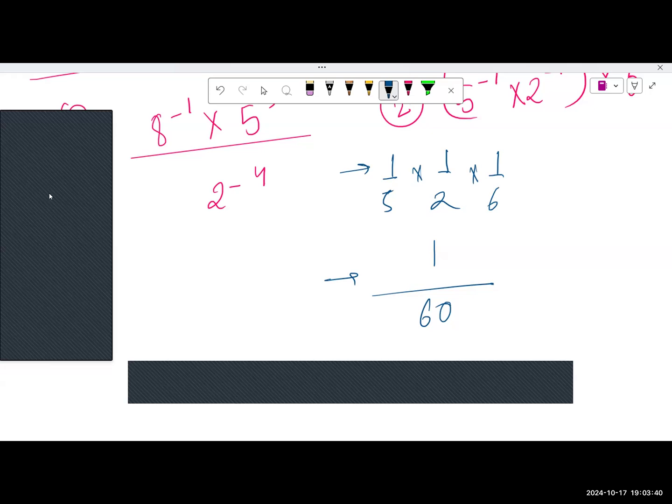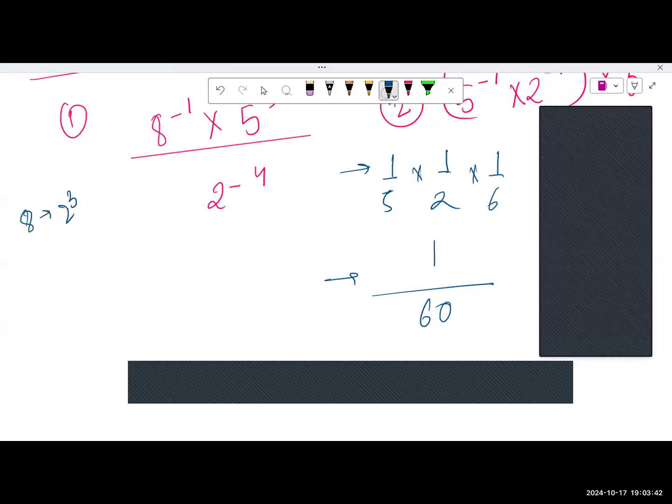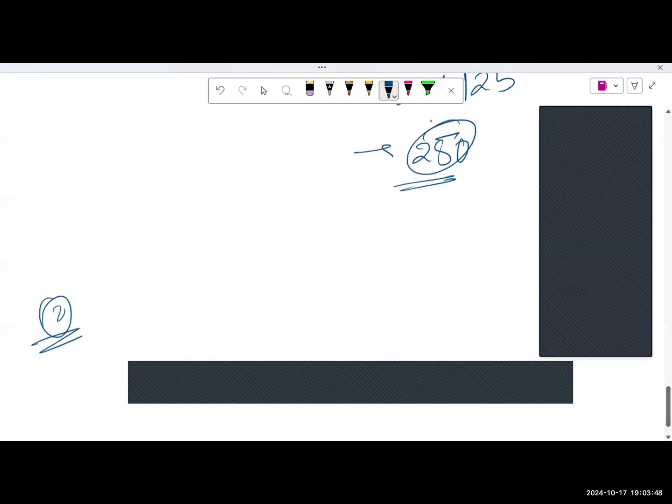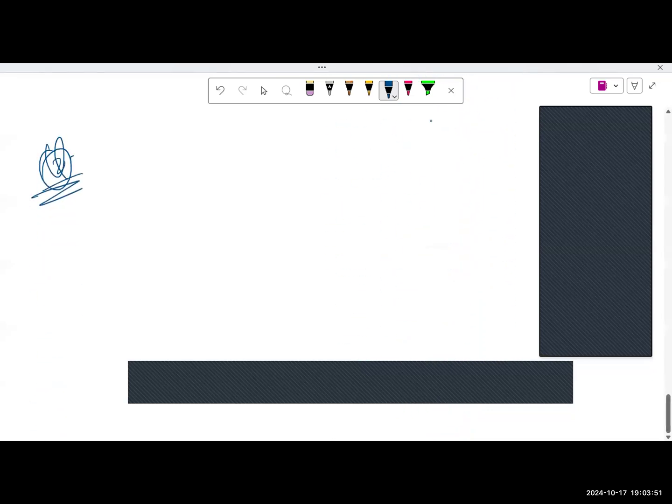Next questions I'll give. Whenever you find any difficulty, like in this one, you're not able to solve, just look for the bigger numbers and try to break them into exponents. Okay.